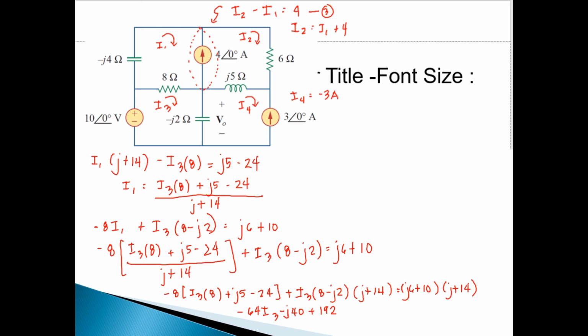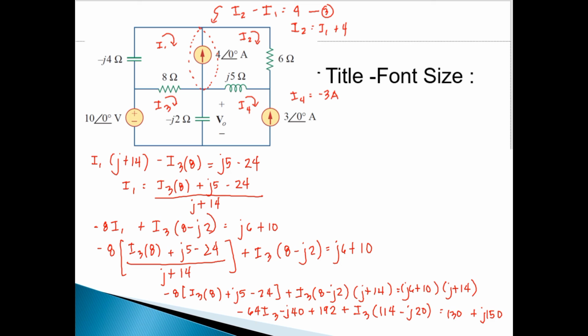Plus I3 times, let's multiply the 8 minus j2 by j plus 14. That is equal to 114 minus j20. Then j6 plus 10 times j plus 14 is equal to 130 plus j150.